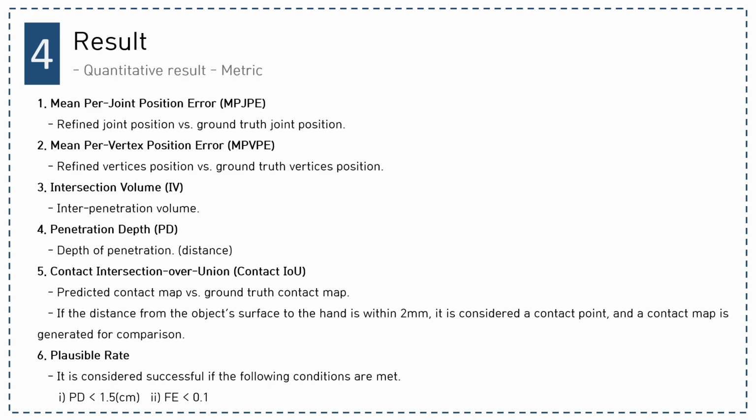If the distance from the object surface to the hand is within 2 millimeters, it is considered a contact point, and a contact map is generated for comparison. Plausible rate indicates success if PD is below 1.5 centimeters and force error is below 0.1.